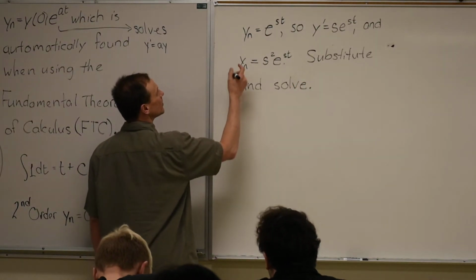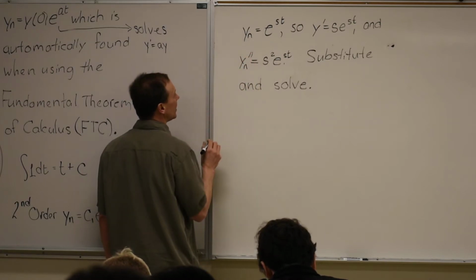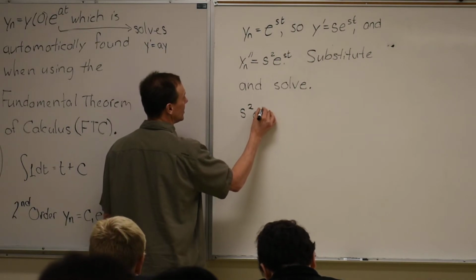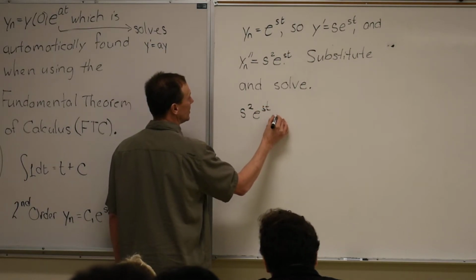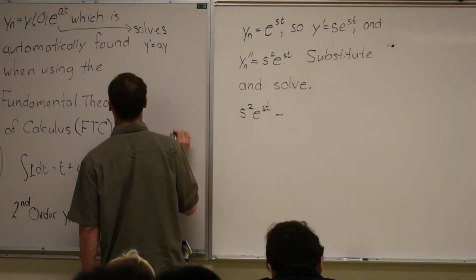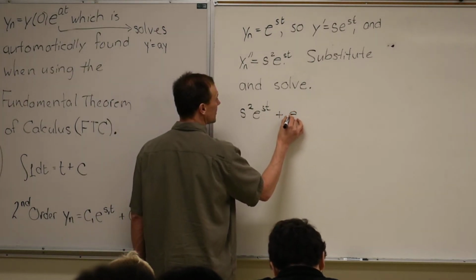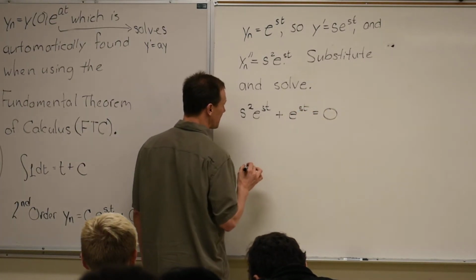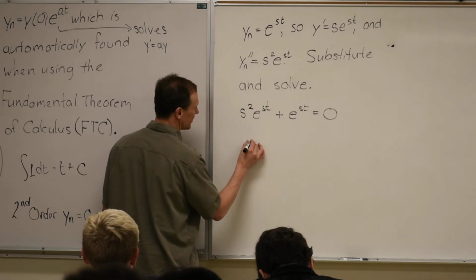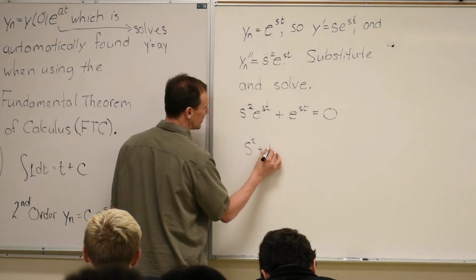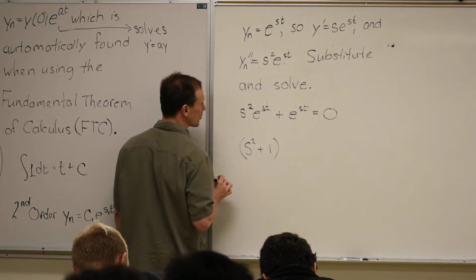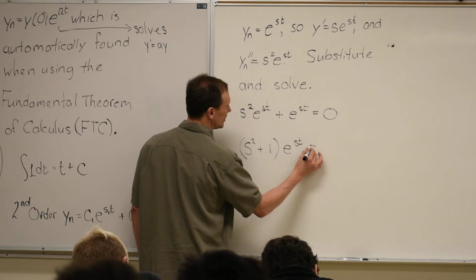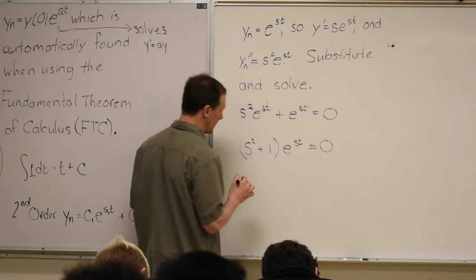So this gives me s squared e to the s t plus e to the s t equals 0, or s squared plus 1 times e to the s t equals 0.